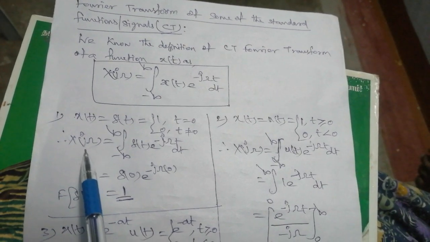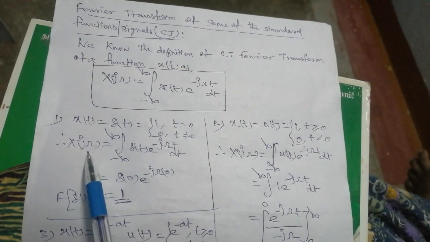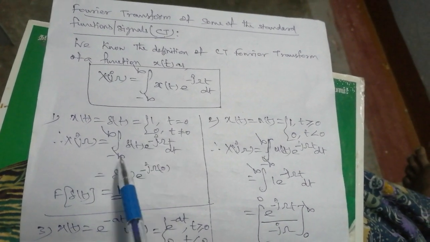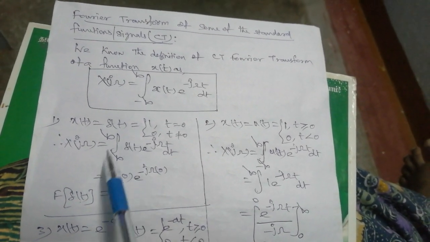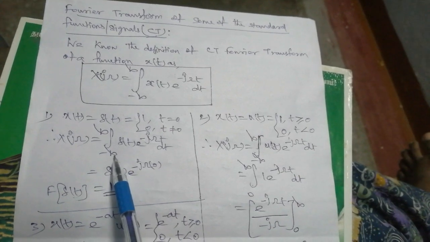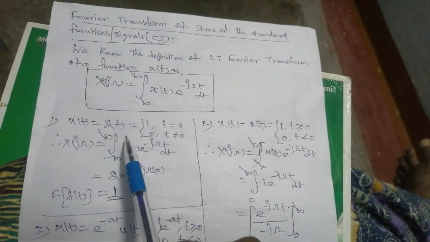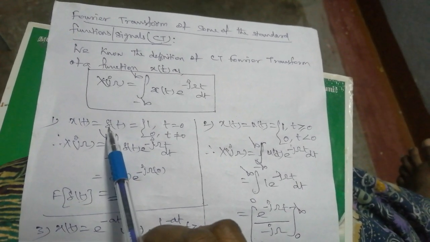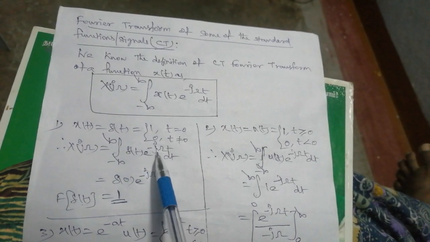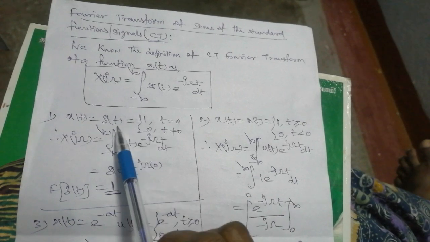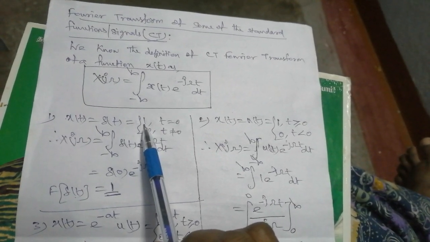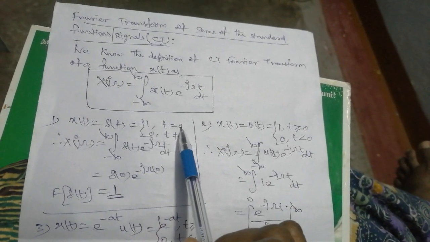Now in the definition of the Fourier transform, if we make the substitution, the Fourier transform of this given function is the integral from minus infinity to plus infinity. Instead of x of t, we put delta of t into e power minus j omega t dt. We know delta of t has unit amplitude only at t equal to 0.